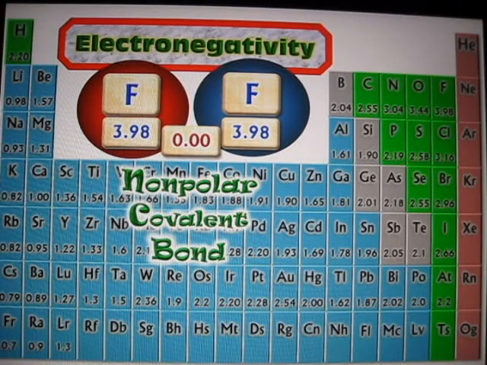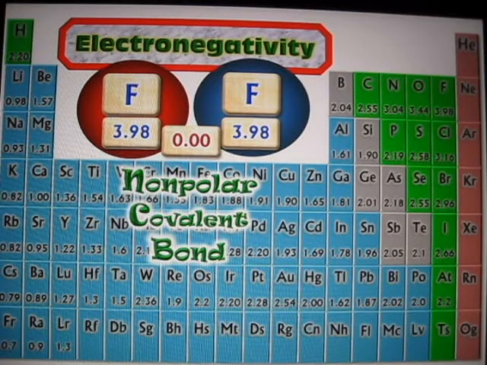Every oxygen has the same electronegativity as any other oxygen. So if you get a compound like F2 that we saw earlier, or H2, which we saw earlier, or O2, we haven't seen that yet, you know that it's got to be a nonpolar covalent bond between them. Boom.